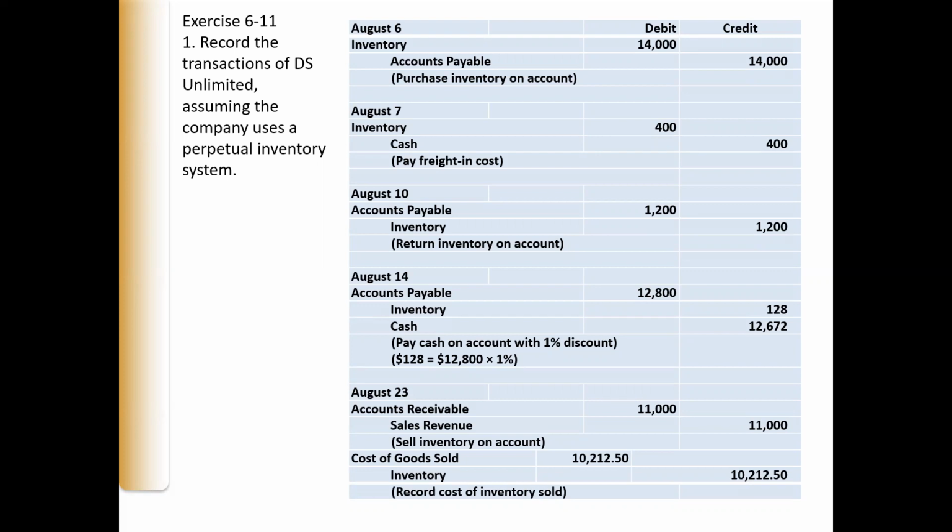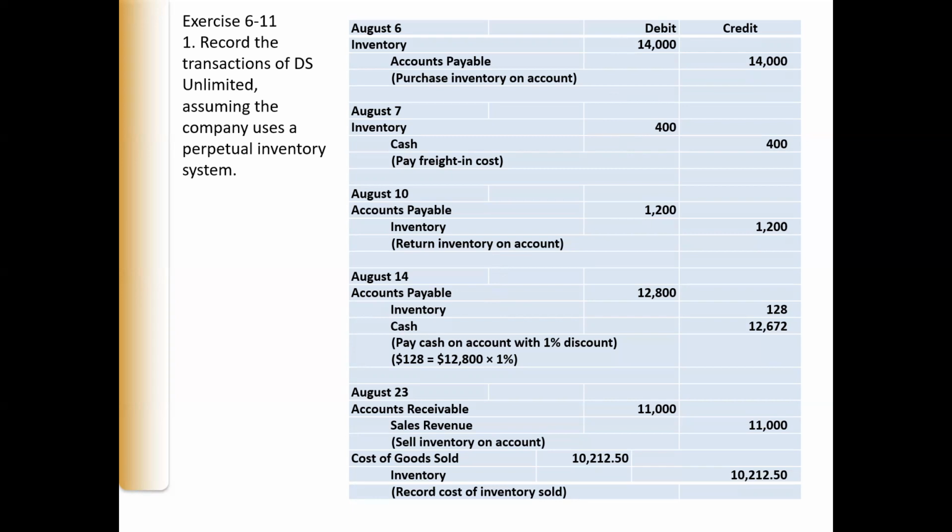Real quick, the 128 is coming off the original inventory price? Less what we returned. Okay. Less what we returned because we already returned goods. And so we're going to, because we started with 14,000, we returned 1,200. So we had 12,800 we needed to pay on.